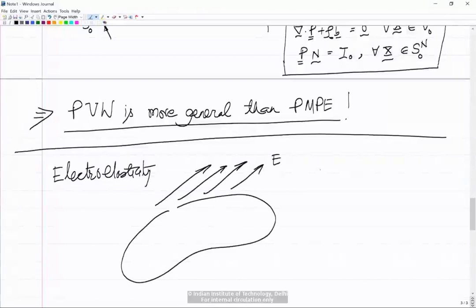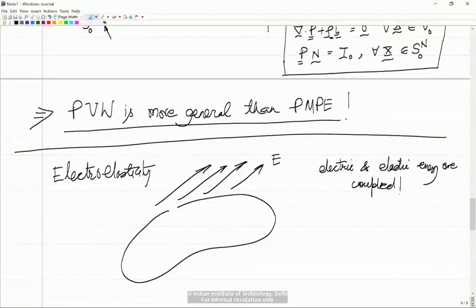So here electric and elastic fields are coupled. Or you could also say electric and elastic energy are coupled.